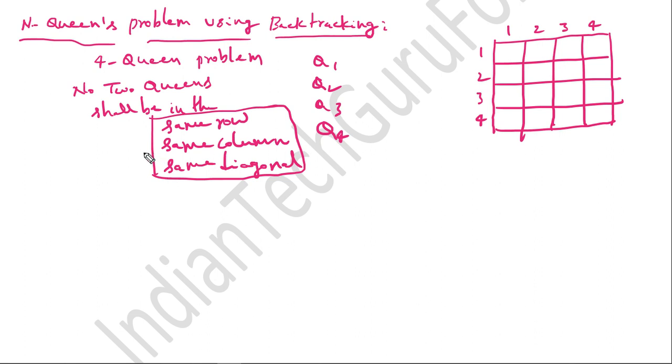Okay. So first of all, let me restrict these queens in such a way that q1 must be placed in row 1, q2 in row 2, q3 in row 3, and q4 in row 4, so that we can reduce the number of iterations needed to solve this problem. We are not making any conclusions regarding the column or diagonal, only that q1 must reside in row 1, q2 in row 2, q3 in row 3, and q4 in row 4.